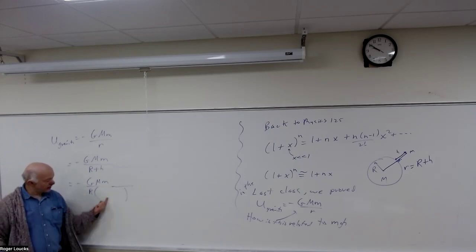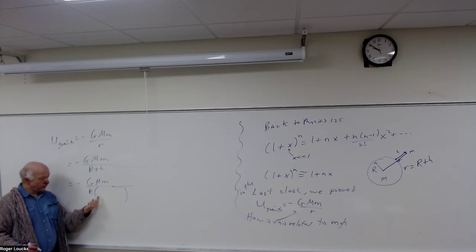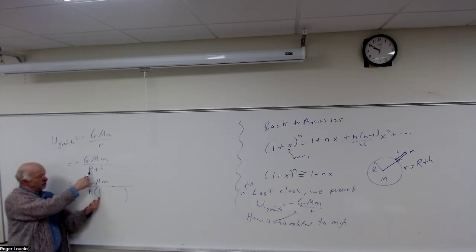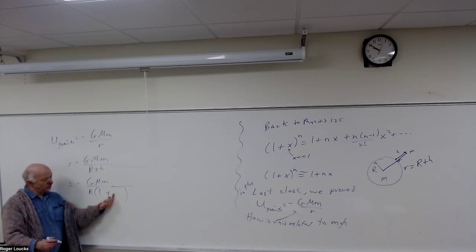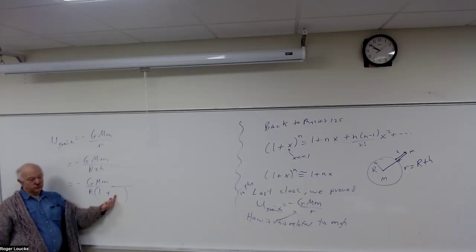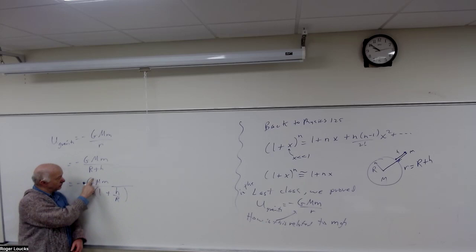And what did we say this has to be such that if we take this times this mess in here, we get back to R plus h. First term was a 1. Good, right? Because R times 1 is my buddy R. Plus, what does this have to be such that R times this mess gives me my buddy h? h over R. Right, so this times this is this, and this times this is this.